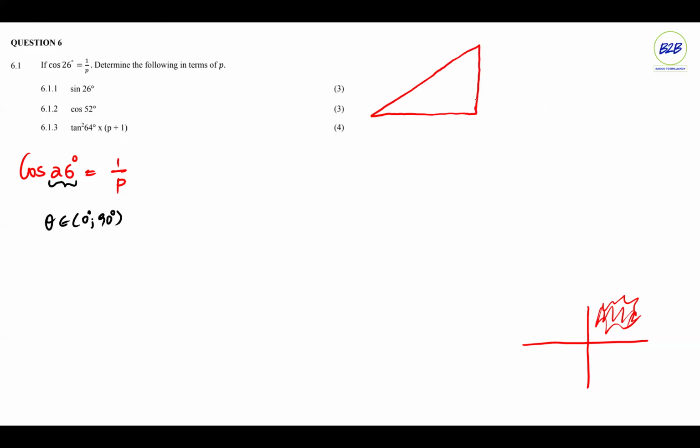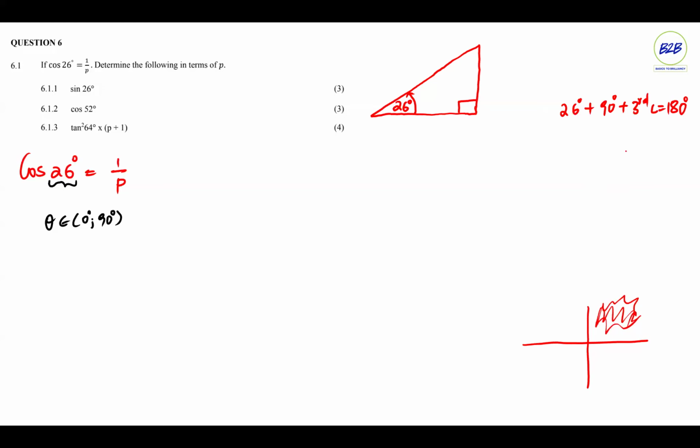You can just draw a right-angled triangle. And then right there, you substitute the angle that is given, which is 26 degrees. In any triangle, in fact, the sum of angles, which is in this case 26 degrees plus 90 degrees plus that third angle, must always give us 180 degrees.